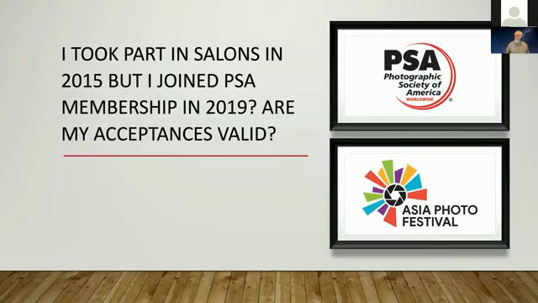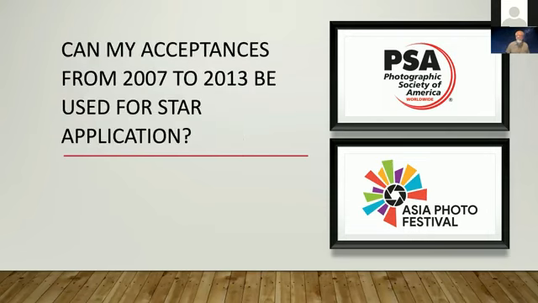So if you joined now, on the 1st of December this year, and you wanted to use acceptances that went back to 2018 or 2017 or however far back you want to go, you have to pay a fee for each year where you want to claim the acceptances. And that process is called buyback, B-U-Y, buyback. There's information on the website about this. So don't be confused about it at this stage. Don't worry about it at this stage.